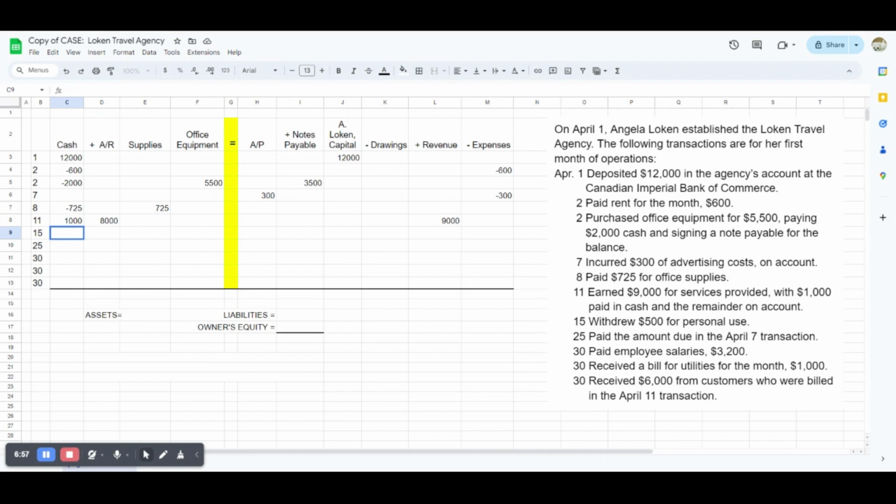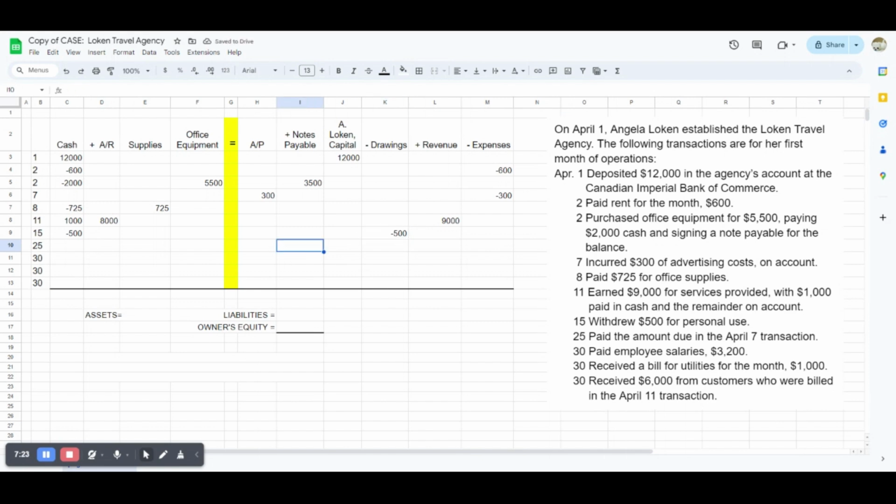He took out $500, so it's going to be negative 500. And then drawings is going to be affected because this is reducing owner's equity in the company because they're taking out money for the owner's personal use, which is separate from the company. So it's going down by 500.